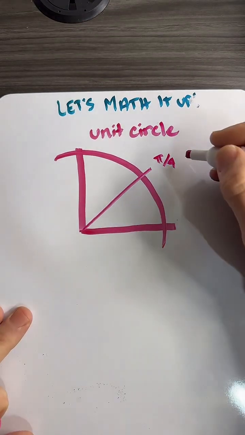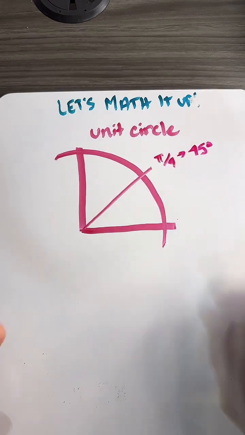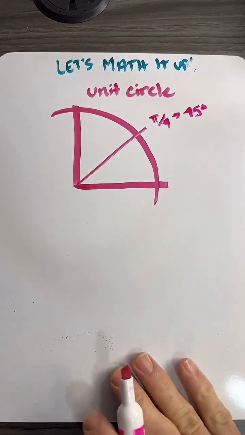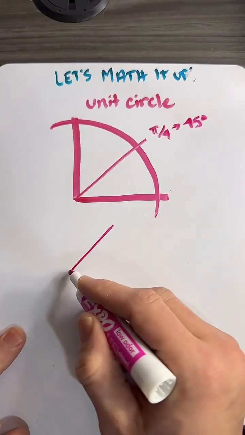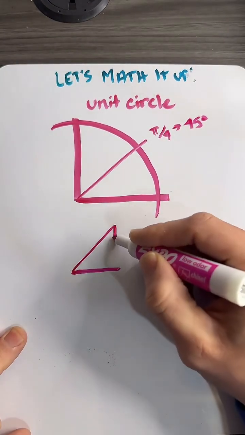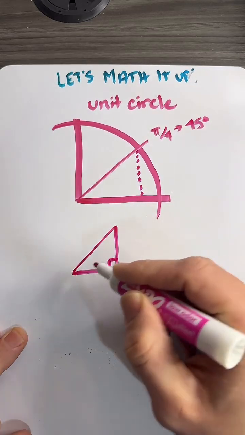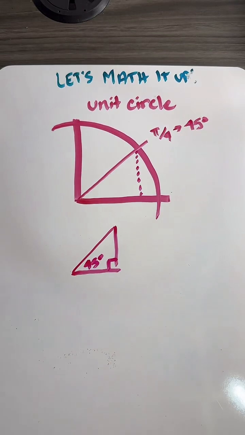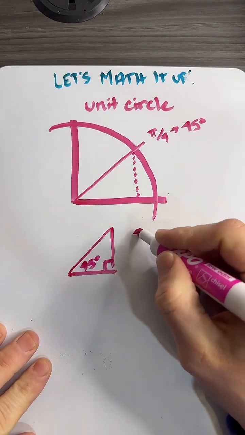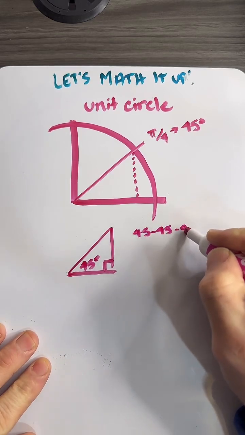Pi over 4 is the same thing as 45 degrees. What we're going to do here is create a triangle. I'm going to draw it right here. That's a right triangle, and this right here is 45 degrees. What we have is a special right triangle, a 45-45-90 triangle.